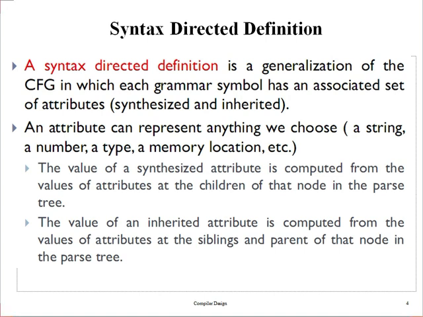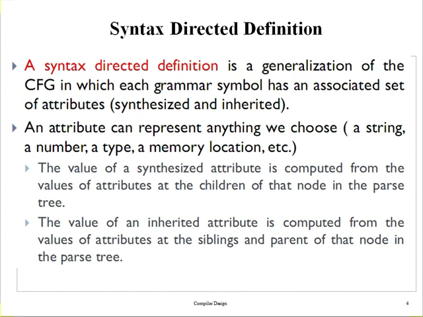So here a synthesized attribute is computed from the value of attributes at the children of that node in the parse tree, whereas the inherited attribute, as its name implies, is inherited. That is, the value of such an attribute is computed from the parent and the siblings.